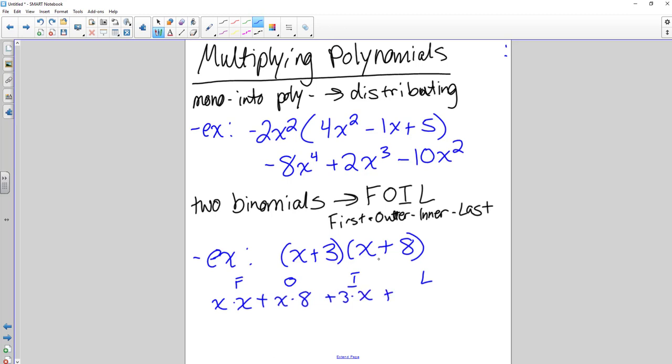And then the last, 3 times 8. Okay, so if we do this multiplying, I'll have x squared plus 8x plus 3x plus 24. Now this one I could do a little combining. I could put 8x and 3x together. So I'll have x squared plus 11x plus 24 for my final answer.